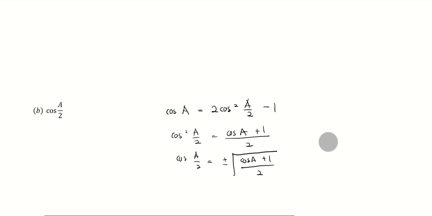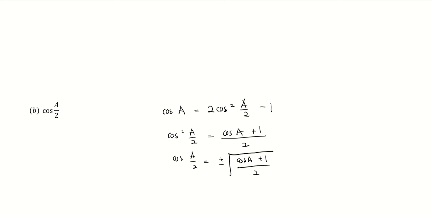So to determine whether it is plus or minus, we need to refer to its quadrant. Since A is in the 4th quadrant, and the 4th quadrant is between 270 and 360, if we divide everything by 2, A over 2 will be between 135 and 180.